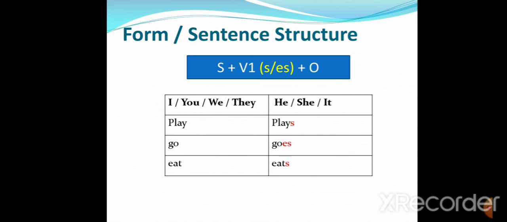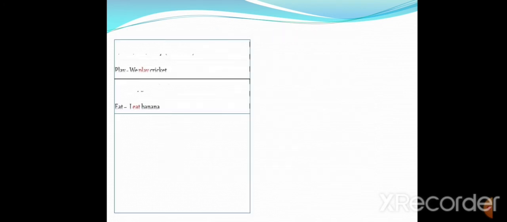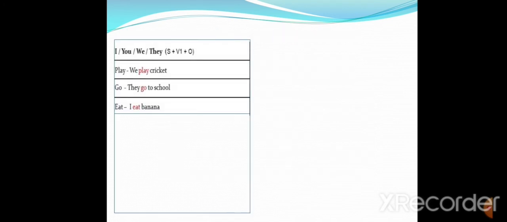Great. Now let's look at some examples. Here, first example, the subject is we. So we have not added s to the verb and thus we get play, the verb play, right?